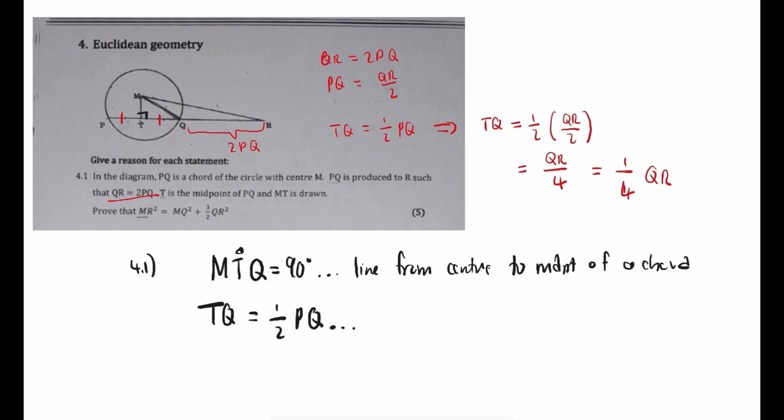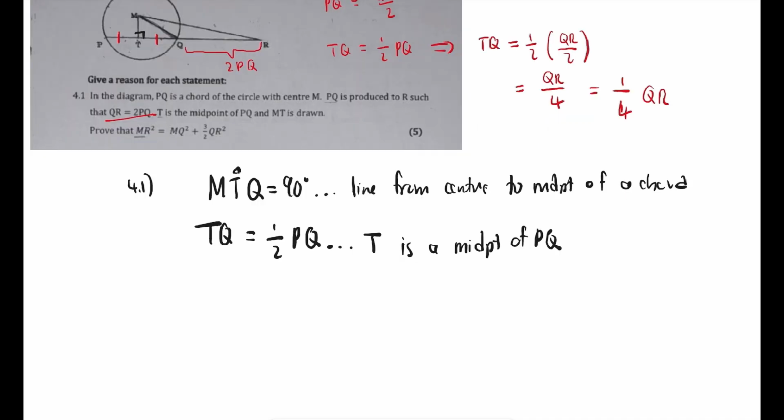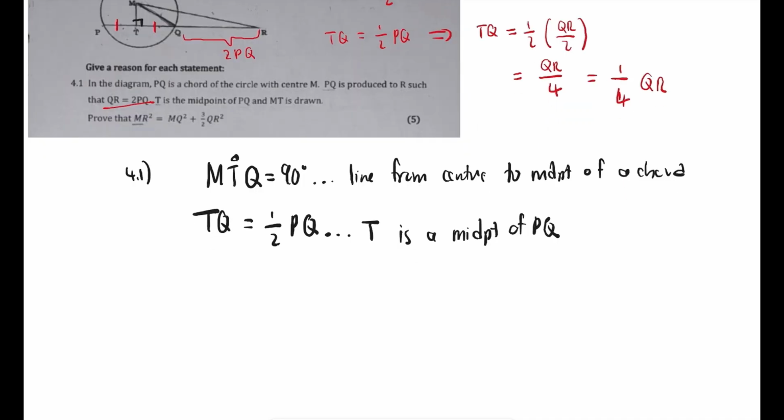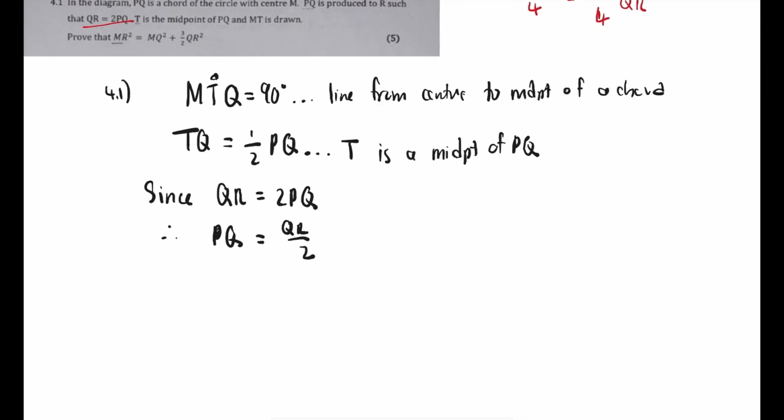Why? Because T is the midpoint of PQ, right? And then we are going to say that since QR is equals to 2PQ, therefore PQ is equals to QR over 2.